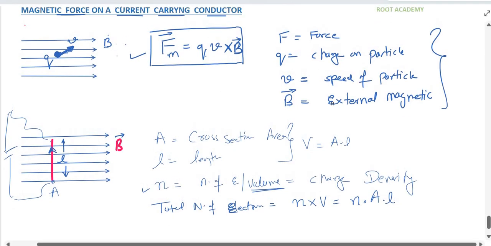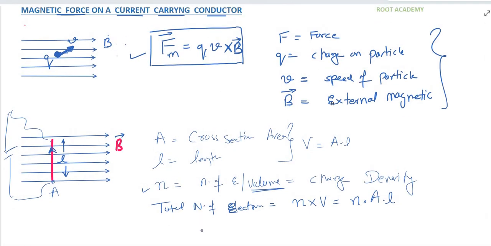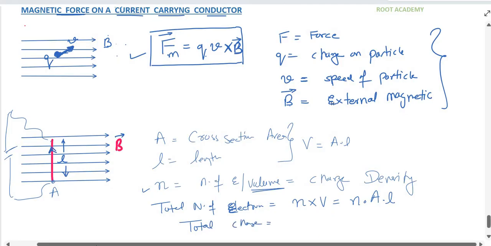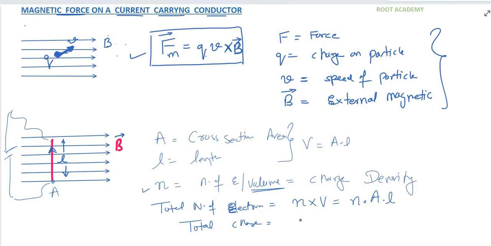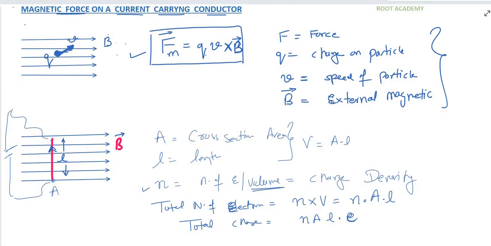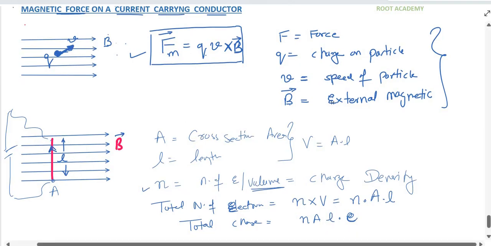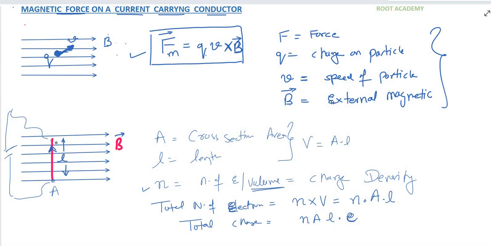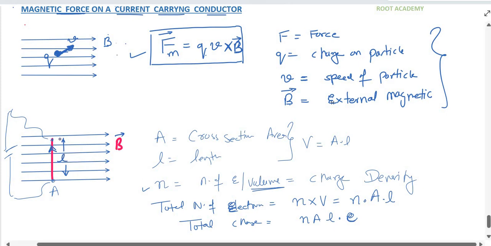If the number of particles is this much, the total charge will be nAL into e, the charge of one electron. Correct? So this is the total amount of charge present inside this wire.